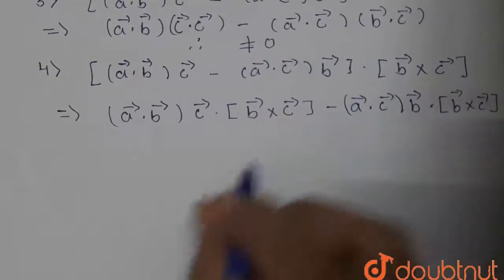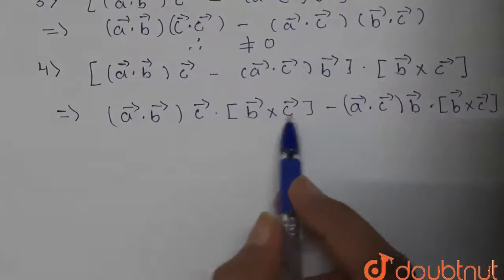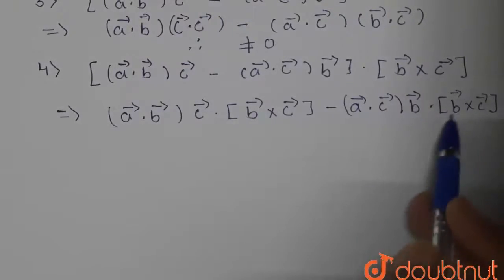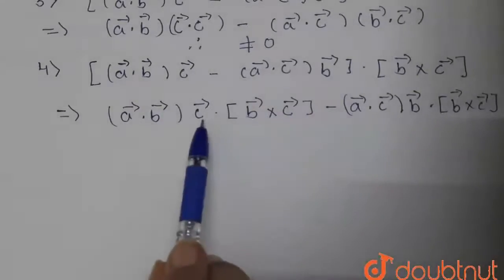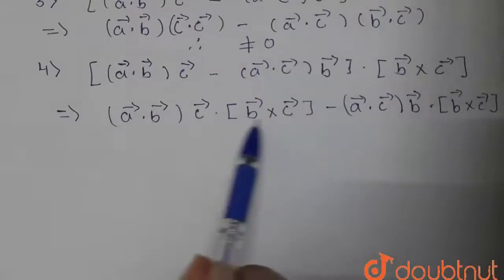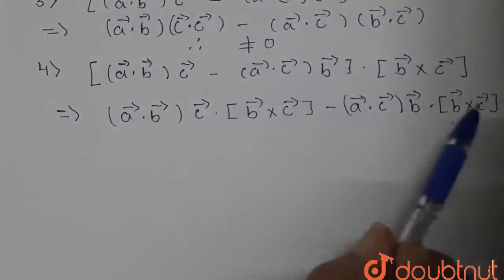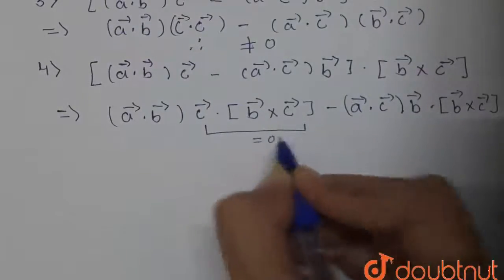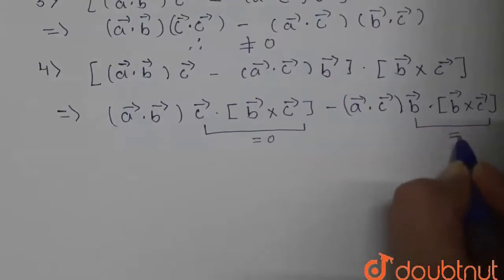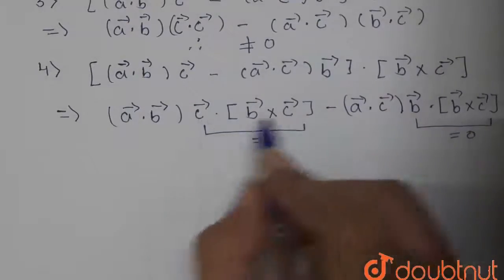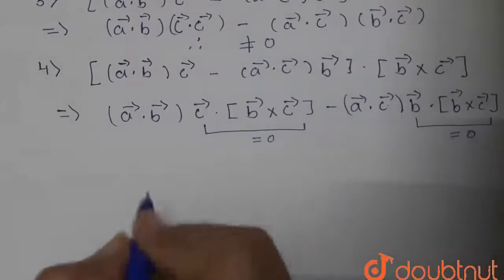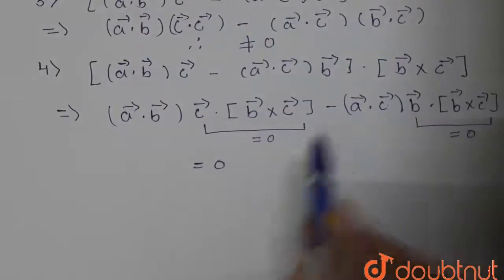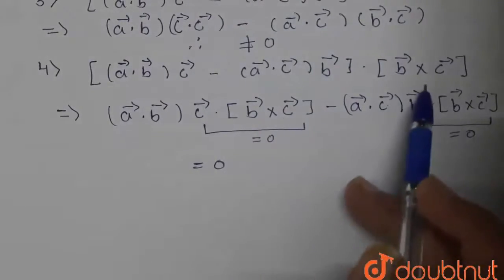Now see here, this is c and in the cross this is also c, and here outside dot is b, and inside the bracket we are having the same b. So in a scalar triple product, when the same vector is repeated outside with dot and inside with cross, that whole term is equal to 0. So here also this will be equal to 0, and 0 into something is 0, minus 0 into something is 0. So 0 minus 0, we are having here 0. This means b cross c vector is also perpendicular.